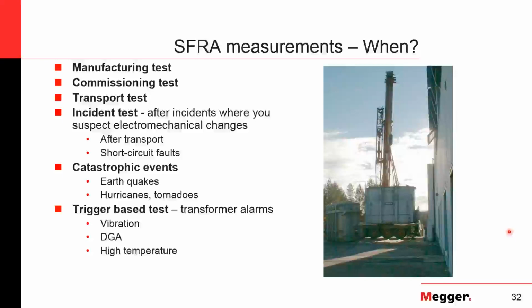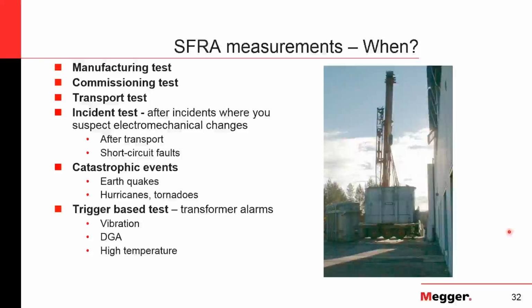And what I've seen a lot of times is that they'll do their SFRA measurement at the factory with transportation bushings and different things like that, then transport it along, and then maybe set it on the pad and run through and do an SFRA measurement again to verify nothing happened during transportation.